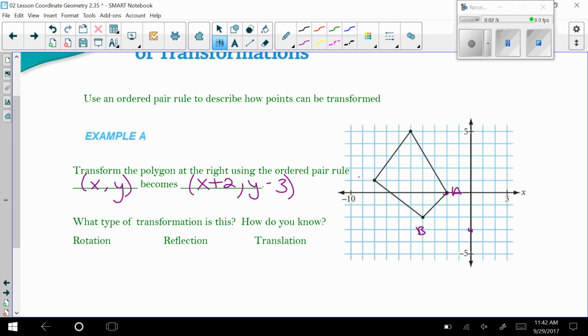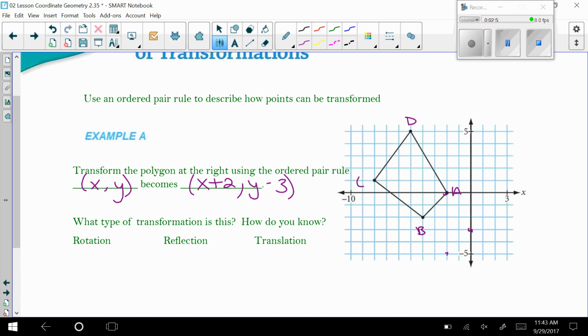We'll just label our polygon so it's a little easier to read or to transform. So with point B, we're going to add 2 units to the x-coordinate, and we're going to subtract 3 on the y-coordinate.